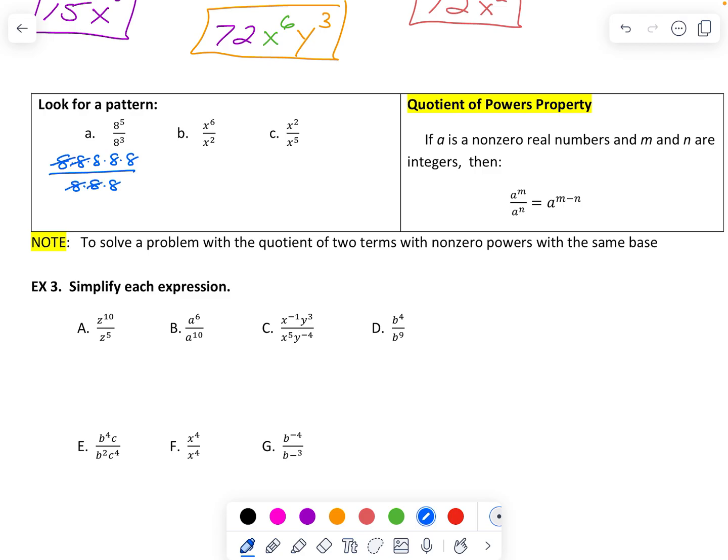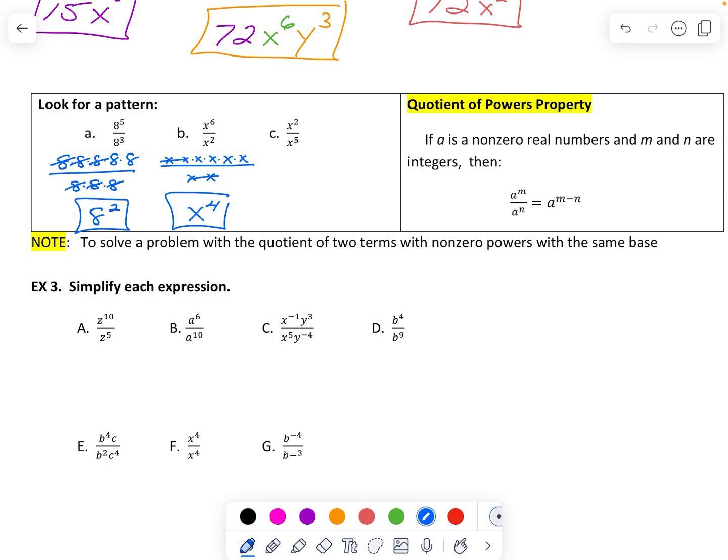So we can cancel all these out, and you can see we have 8 squared left over. Similarly, this is 1, 2, 3, 4, 5, 6 x's in the numerator, 2 x's in the denominator. Those 2 cancel with those 2. We're left with x to the 4th.